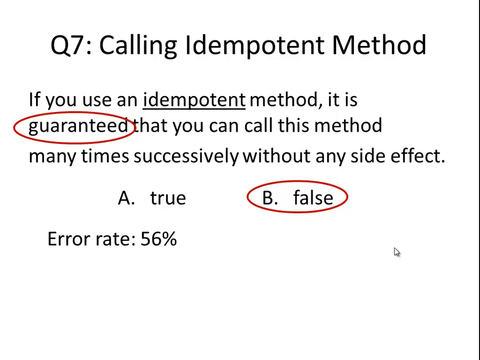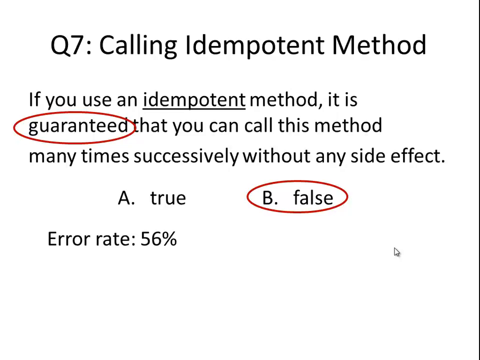The main keyword here is guaranteed. It is guaranteed. Okay? Yeah. If no such word, then it is correct. But if we say guaranteed, then it's not correct.